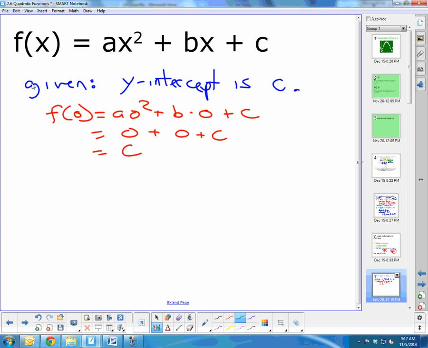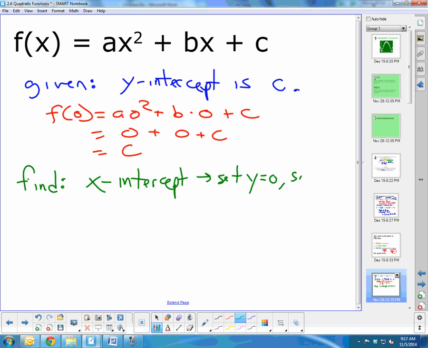What would we have to calculate and find ourselves? We would have to find the x-intercept, and we would find the x-intercept by setting y equal to 0 and then solving. It's just pretty standard stuff. And remember here when I say set y equal to 0, another way of saying that is saying f of x equal to 0.